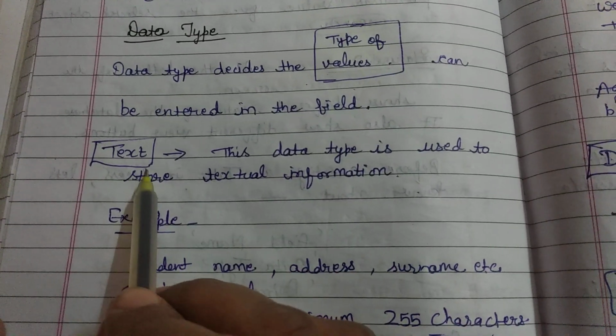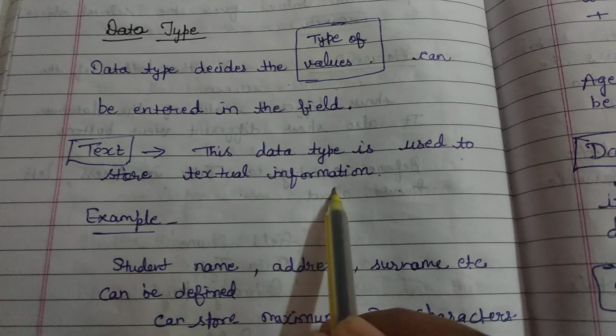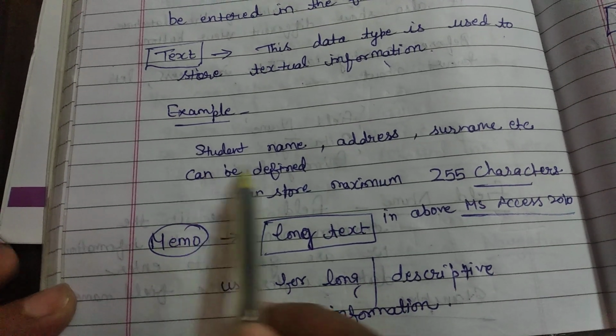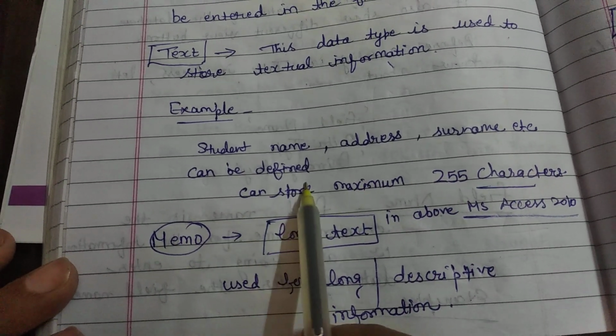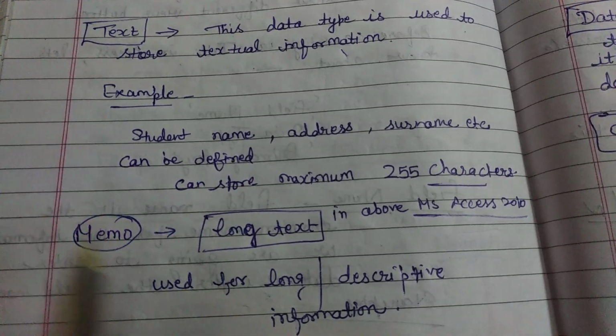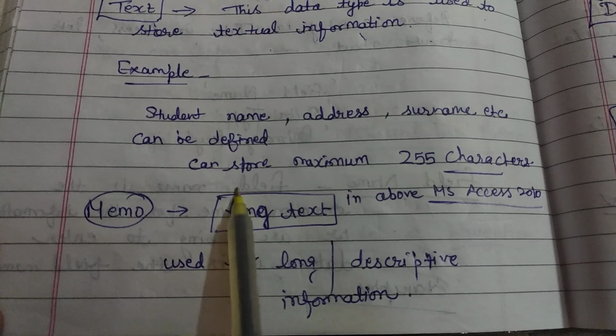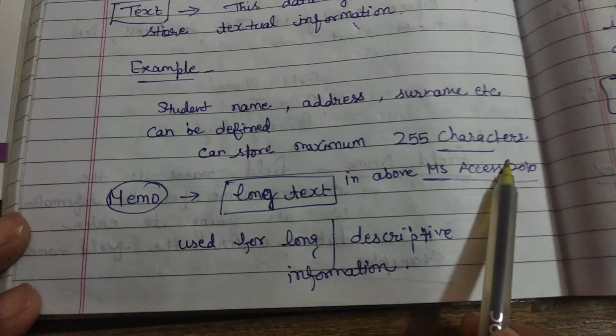So text means this data type is used to store textual information. Student name, address, surname, etc. can be defined with the help of this text type data. And this can store a maximum of 255 characters. Okay.